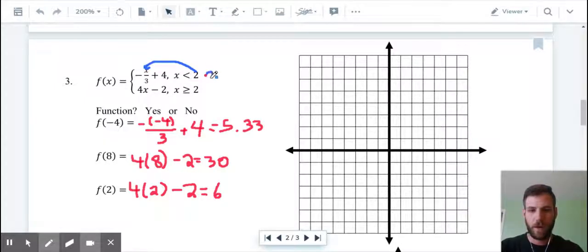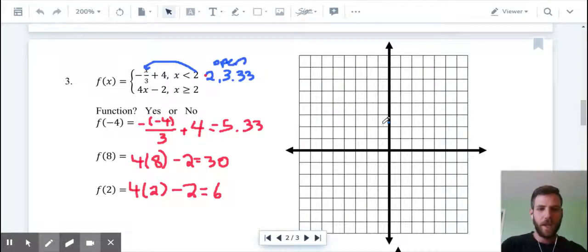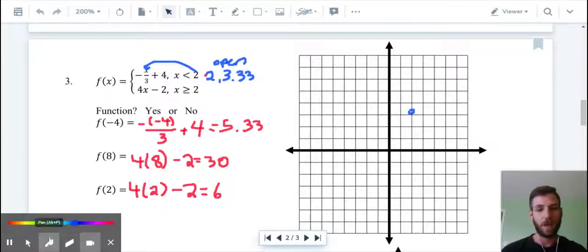So I would have 2 comma 3.33, and that is going to be an open circle because of that less than sign. And we can go over to 2 comma 3.33 and put a little open circle right there. But because of that 3.33, we're going to have to look for other points that we can graph. But we'll come back to that in just a moment.